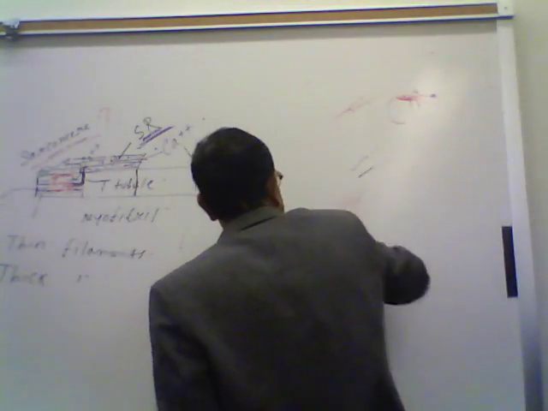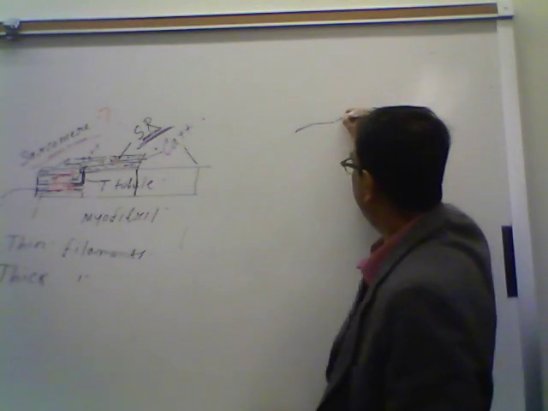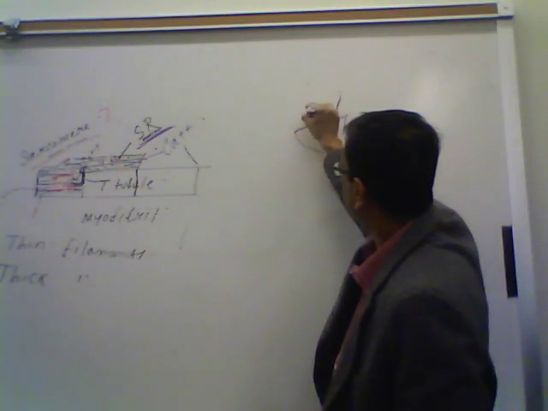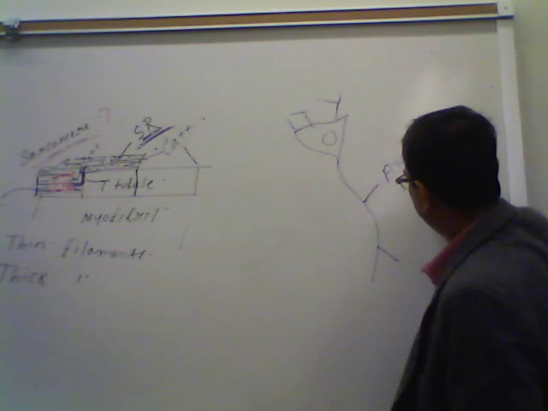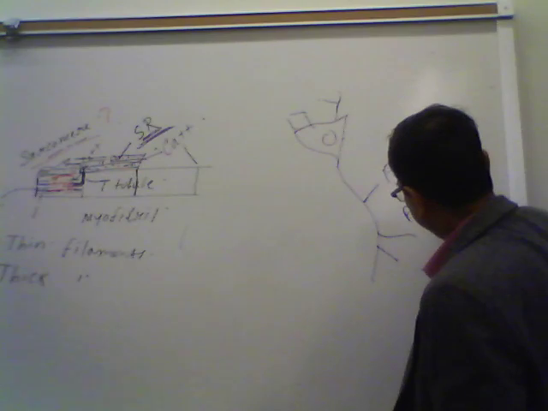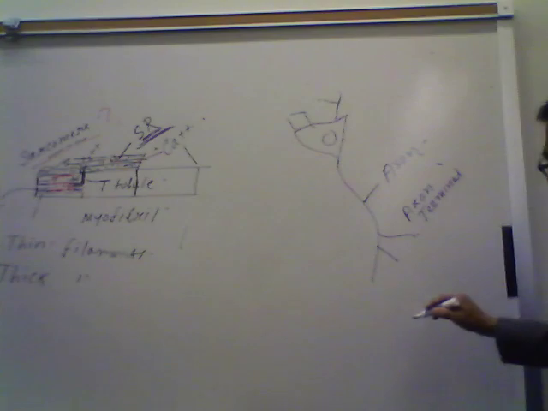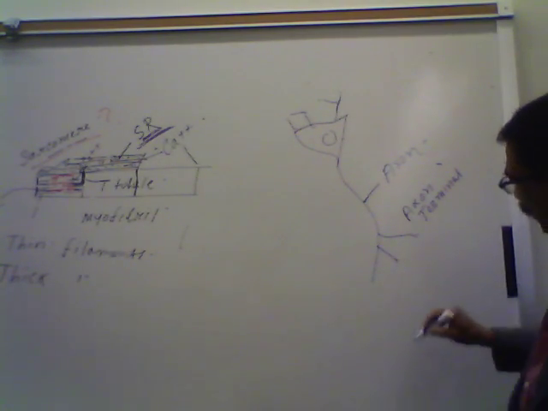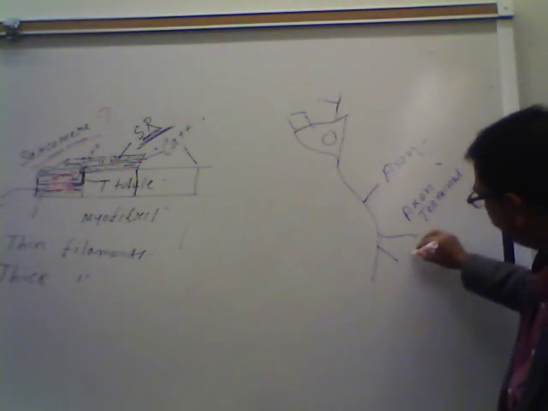You know that nerves are formed by neurons. So this is one neuron. This is the axon and the axon terminal. There are several axon terminals, and the axon terminals end on the muscle fibers.